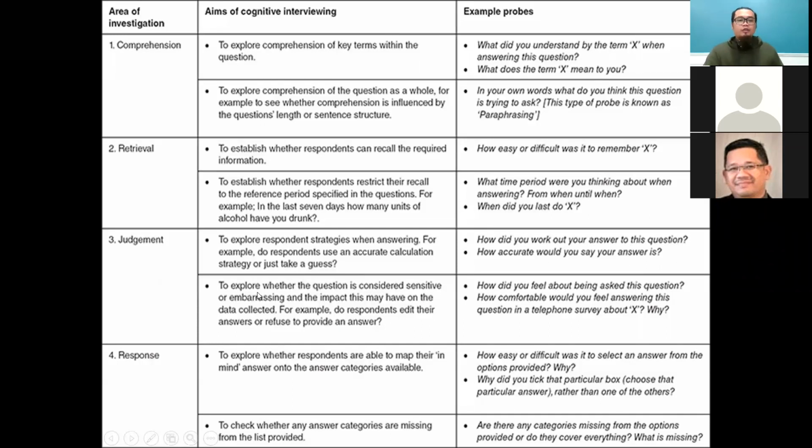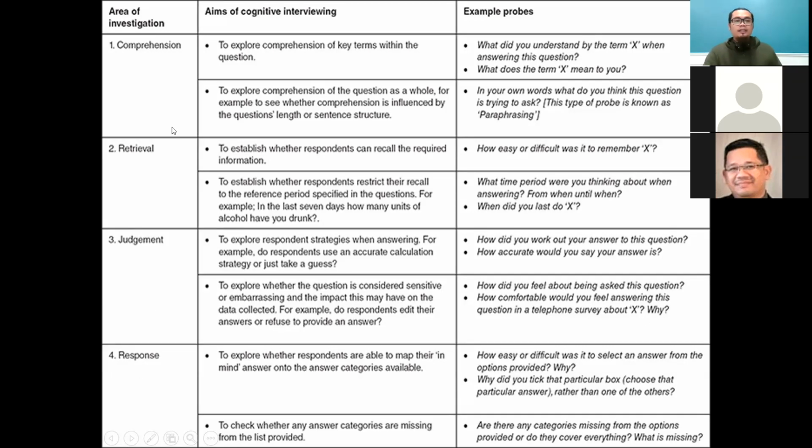Next, to explore whether the question is considered sensitive or embarrassing and the impact this may have on the data collected, for example, does the respondent edit their answer or refuse to provide an answer? You can ask the probe: how do you feel about being asked this question? How comfortable would you feel answering this question in a telephone survey about X, Y?